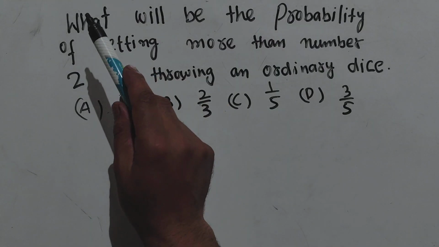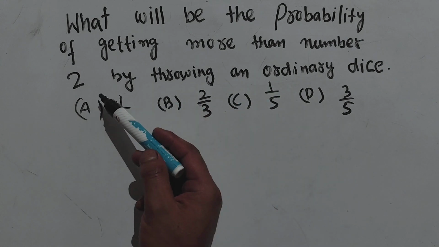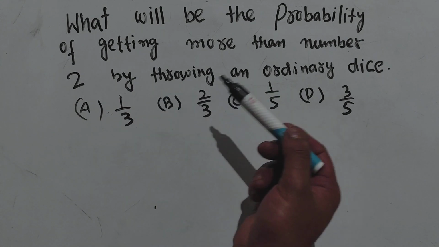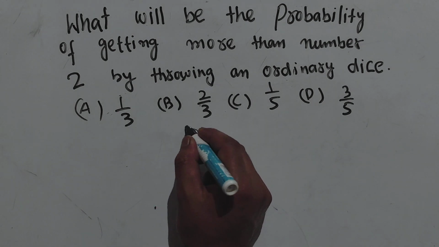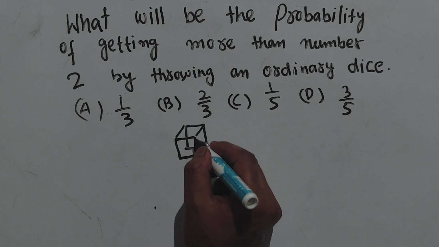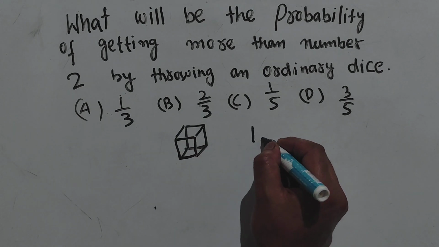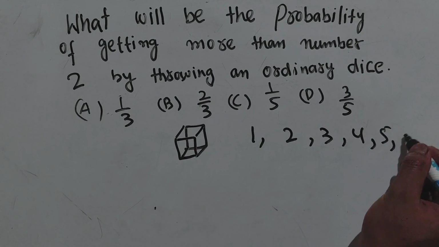The question is, what will be the probability of getting more than number 2 by throwing an ordinary die? Options are being given, we need to find out the correct option. So in a die we know there are 6 faces numbered from 1 to 6. Okay, so we have 1 2 3 4 5 6.